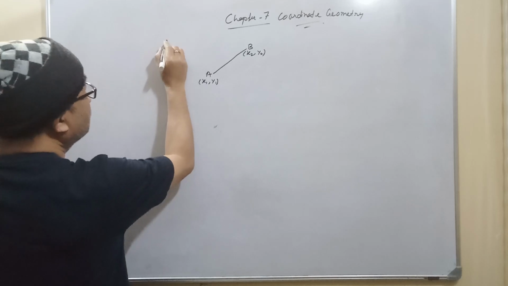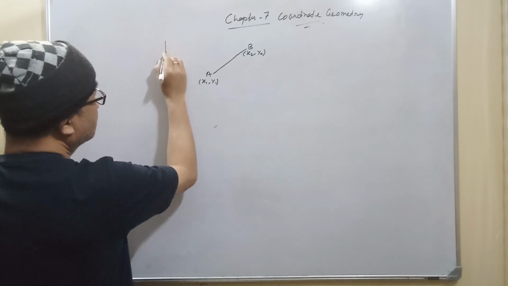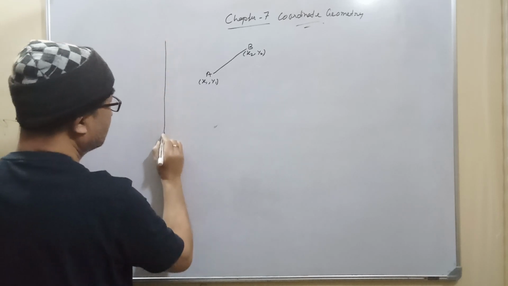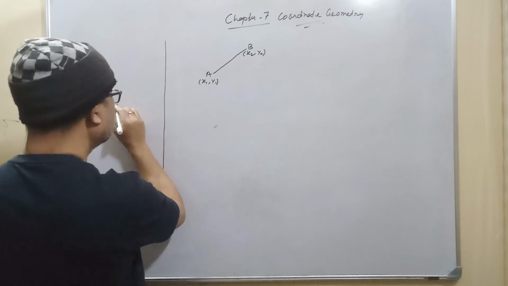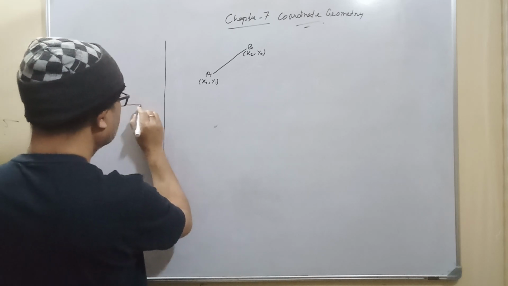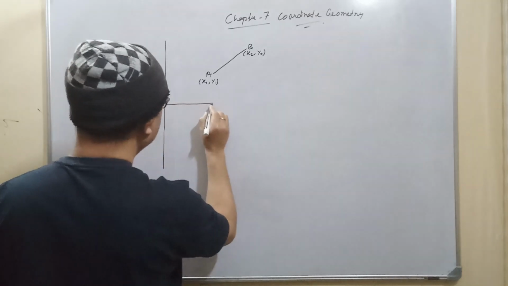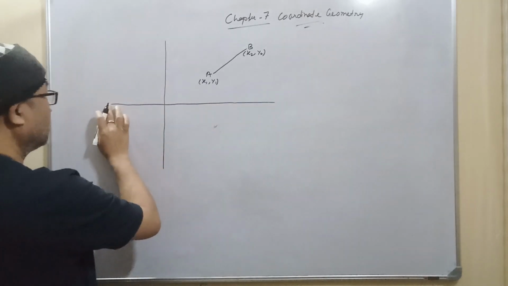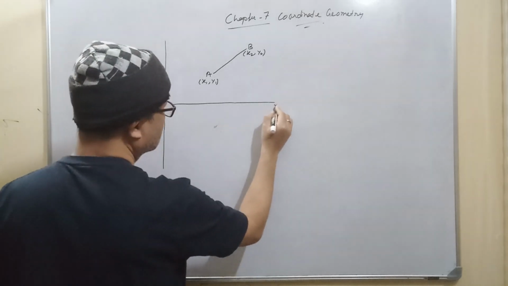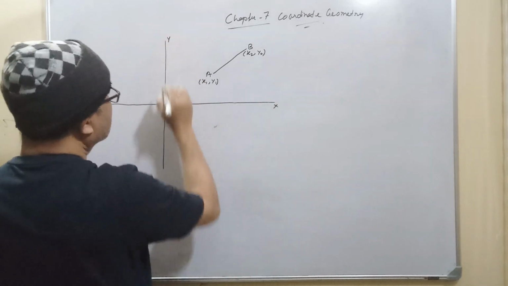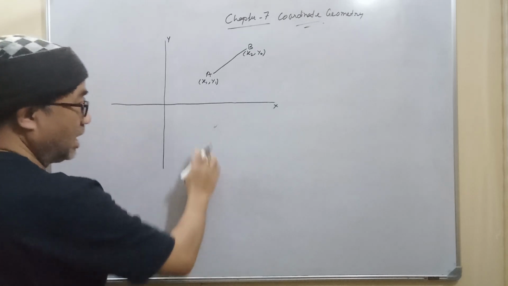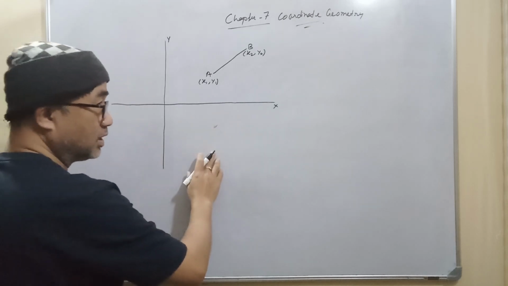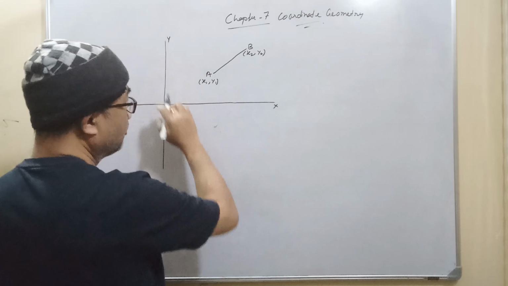So we need the Cartesian plane and the frame of reference, because in coordinate geometry the calculations are always done on the Cartesian plane and we should have a frame of reference. So suppose this is the frame of reference, two mutually perpendicular axes, x and y.